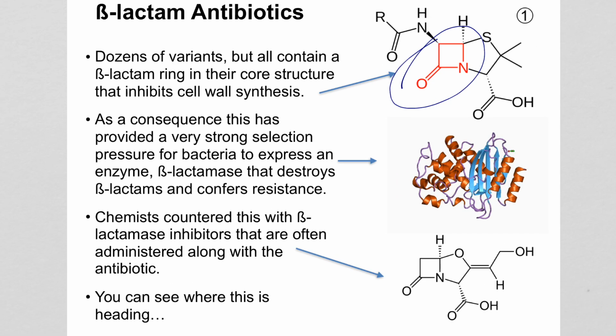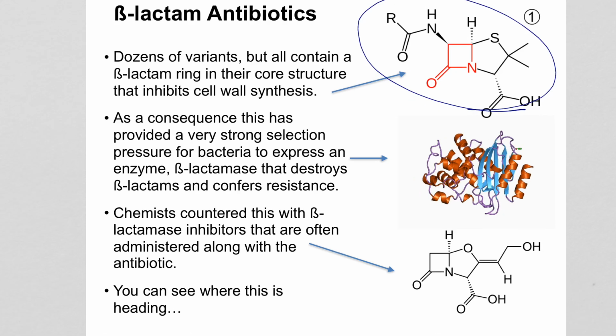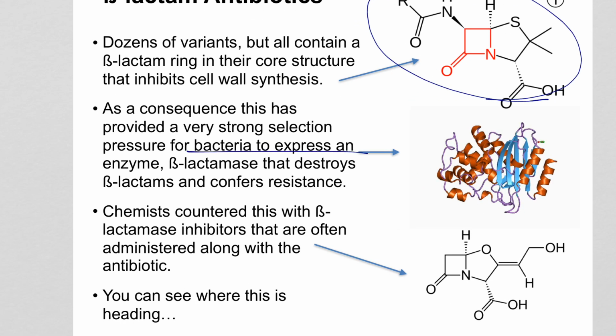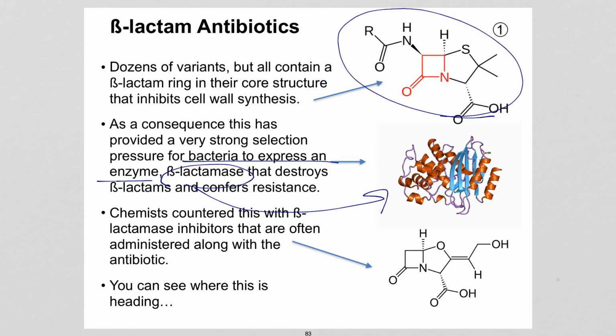So the only downside to this is these beta-lactam antibiotics, like I said, have been existing in organisms like molds for a really, really long time, millions and millions of years. That's given a long time for natural selection to run its course. The consequence of that is that some bacteria have evolved an enzyme called beta-lactamase, that's this guy, that can destroy the beta-lactam ring and inactivate the antibiotic.